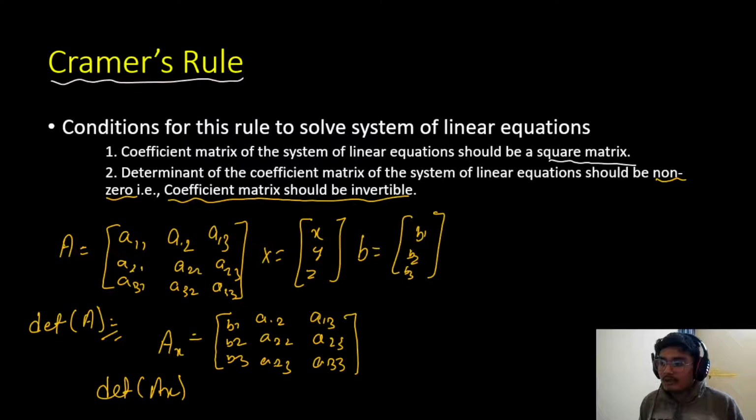Same way, we will form an AY matrix. In this matrix, we will replace the second column with the B matrix, so this will be B1, B2, and B3, and the rest will be the same.